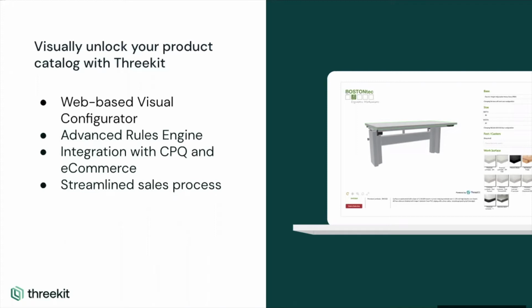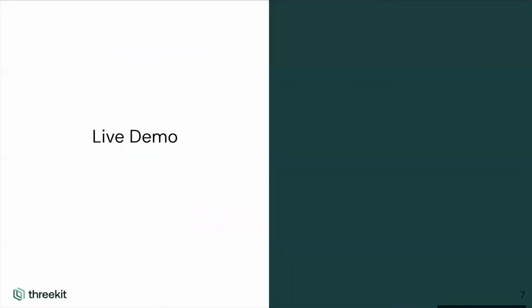Plus, multiple steps are going to be eliminated by being able to produce an accurate representation in real time, display an accurate quote, and create an output form to go to your team and actually begin that order. What we like to say is you're going to be visually unlocking your product catalog. So with that, Will, I'm going to turn it over to you and let's get into the nuts and bolts.